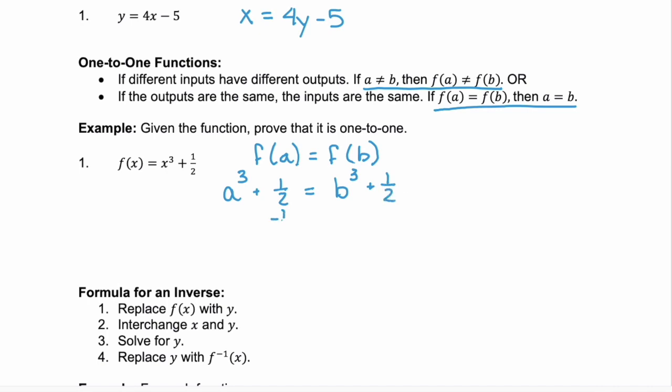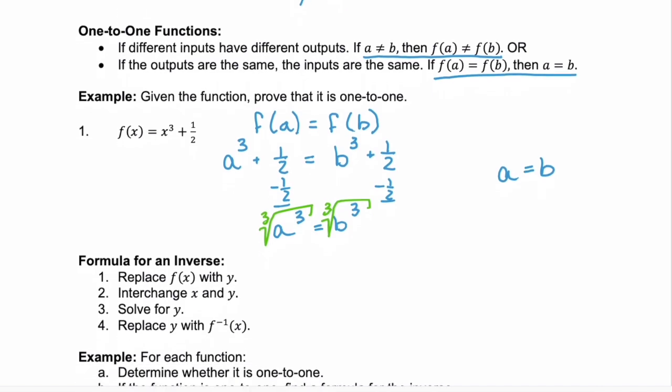If we subtract 1/2 from both sides, we're left with a cubed equals b cubed. We can take the cube root of both sides, and we're left with a equals b. Therefore, this is one-to-one because f of a equals f of b, what we started with, resulted in a equals b.